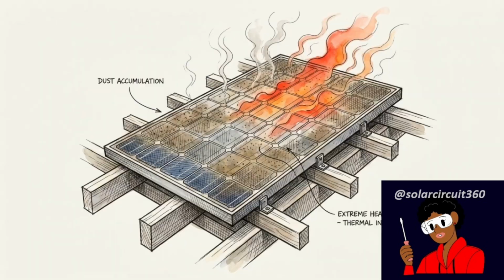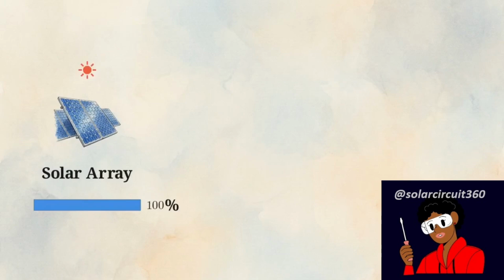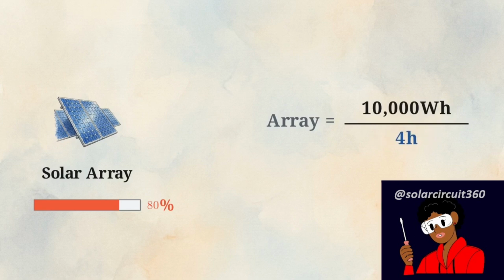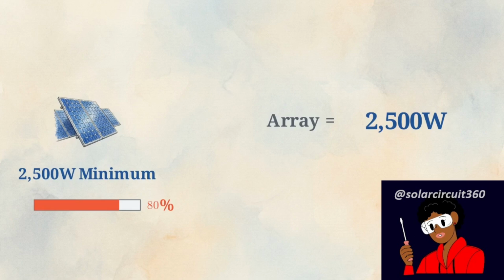In reality, panel output is reduced by high surface temperatures, dust accumulation, and wiring resistance. When we include the conversion losses from the charge controller, real-world panel efficiency often drops to 80% of the factory rating. Factoring in these variables, the absolute minimum array size required to break even is 2,500 watts.